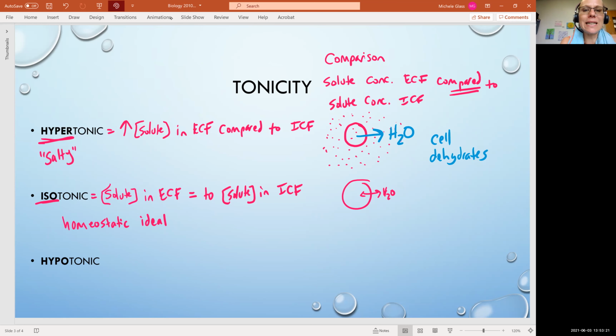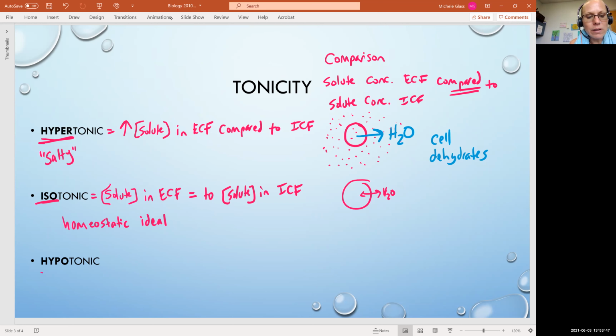That cell's going to be dead. It's not going to be functioning the way that it should be. Okay. And so what has to happen instead here is you have to balance out. You're going to feel thirsty. You're going to take on a lot of water. You're going to retain that water in your body fluids to help balance out all of that saltiness, right?